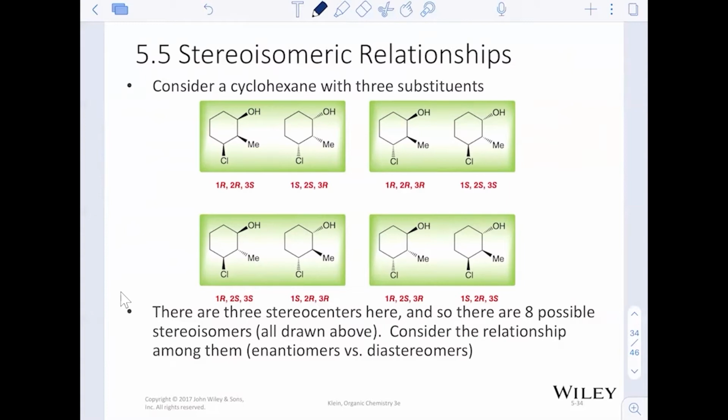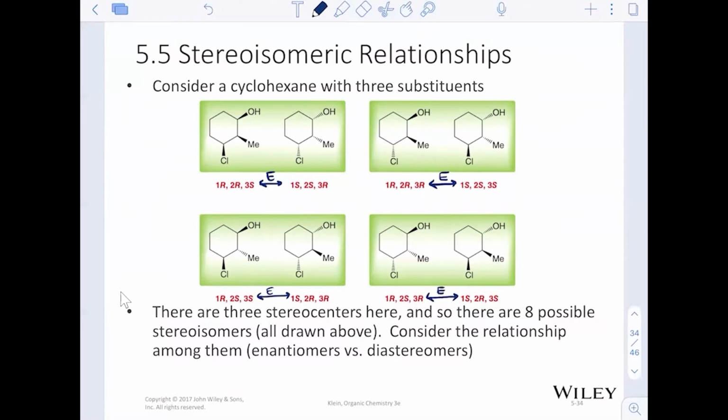But what's really important to note is that when you have 3 substituents on a cyclohexane, and all 3 of those carbons in cyclohexane are chiral, there are 8 possible stereoisomers. Holy cow. Notice the enantiomers, right? These are enantiomers, and so are these ones, where all 3 chiral centers are opposites. We could find the mirror images of these if we drew them all out in the chair conformations.